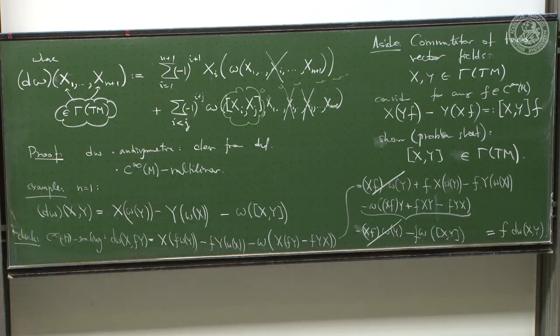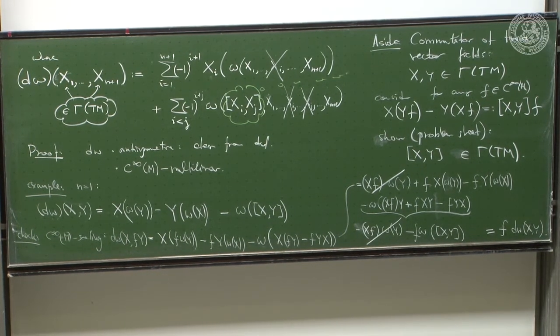Okay. All of this without choosing any components, any bases, because we don't even know whether we have a global basis. So we do it this way. Okay, so that was this.